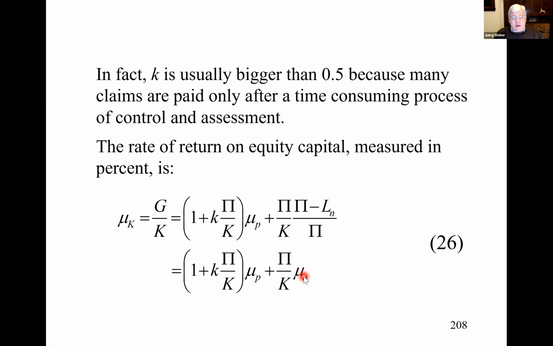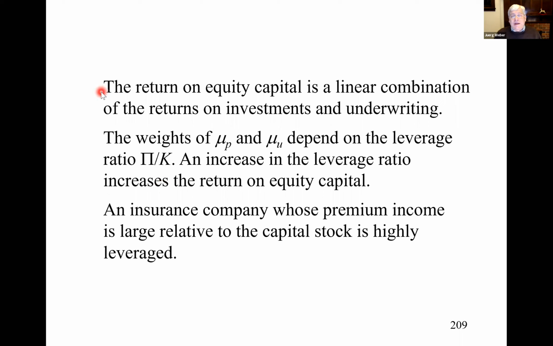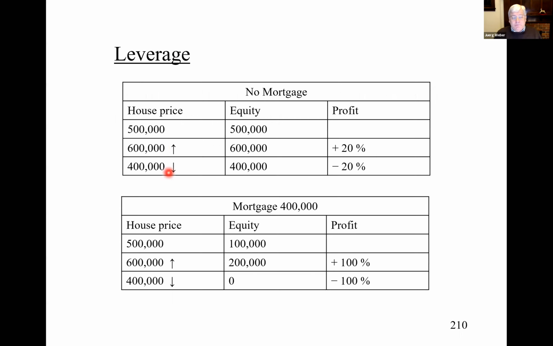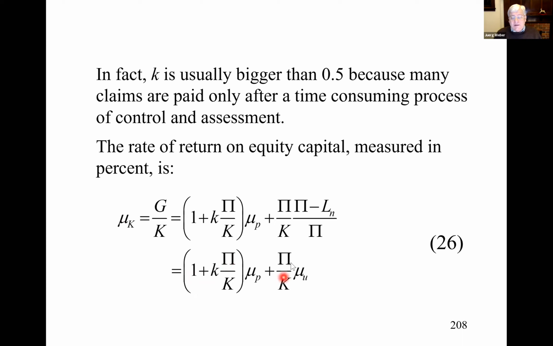And then we have here an interesting result. First thing we see here is that the return on equity capital is a linear combination of the return on the investments of the insurance company, mu p, and the return on underwriting. And those returns are multiplied by those weights. So the return on equity capital is a linear combination of the returns on investments and underwriting, where those weights depend on the so-called leverage ratio.